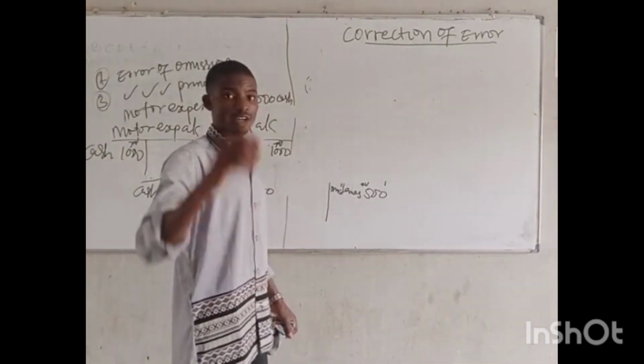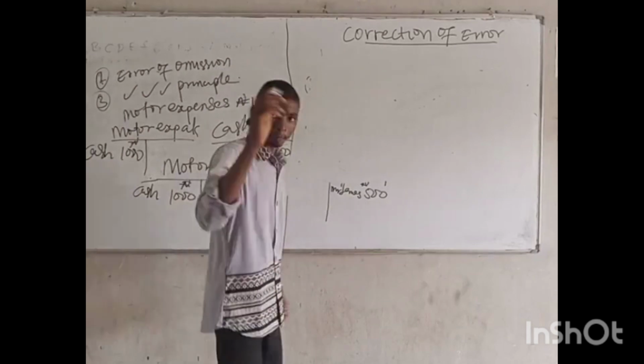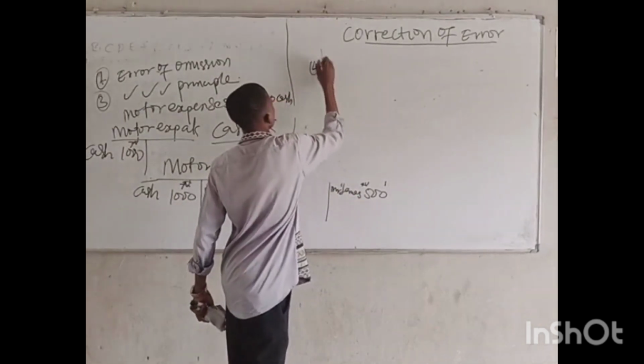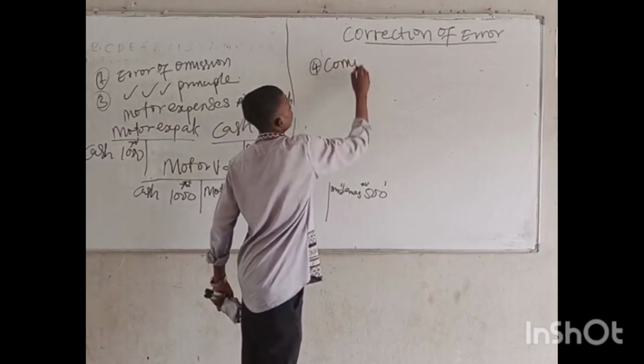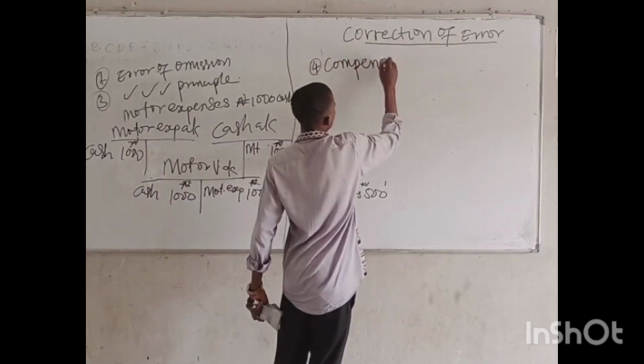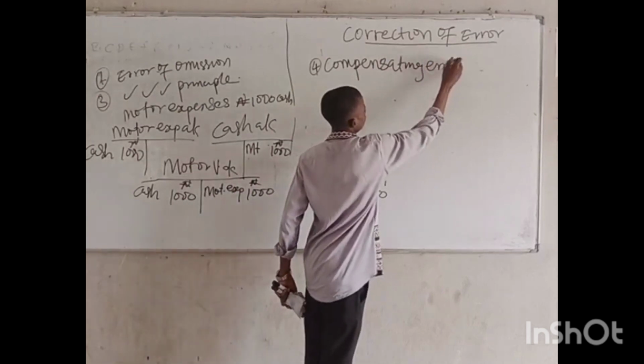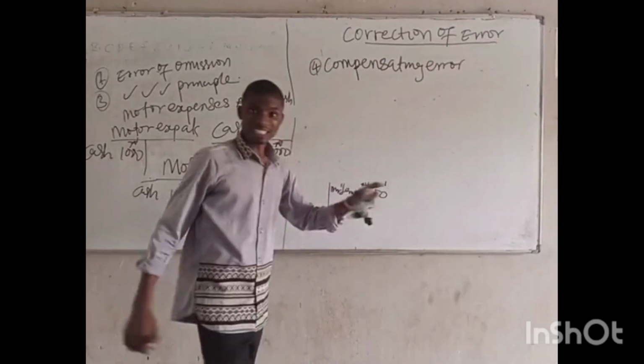is what is called the error of compensation or compensating error.